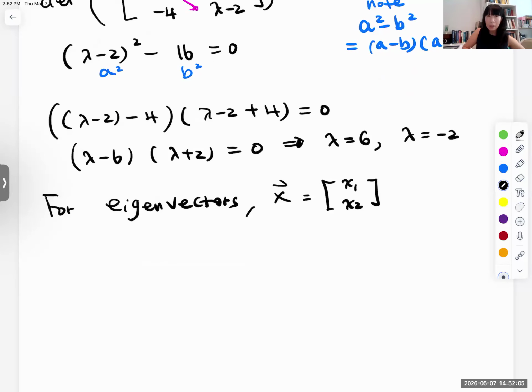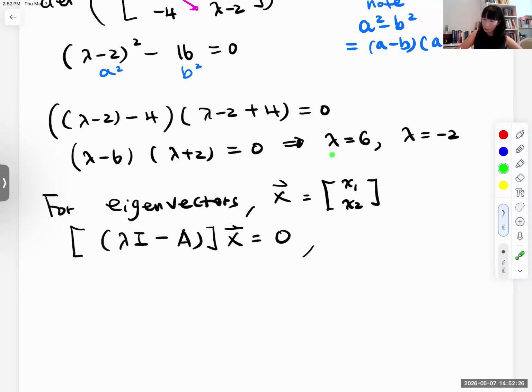So we are using lambda I minus A times x, or we can just say using x equal to 0. Okay. First of all, we are using lambda, which is 6.